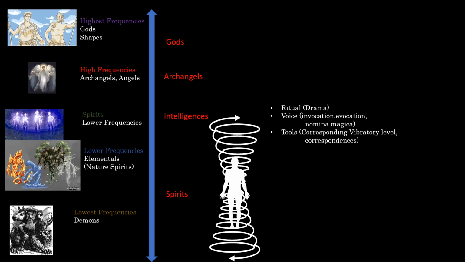Next is the voice, as we use for invocation, evocation, and the nomina magica. Nomina magica are specific names, which, as we've seen before, could be in Hebrew, Greek, or Latin, but there are specific names that we use to invoke or evoke or say as a spell. And next we have the tools.